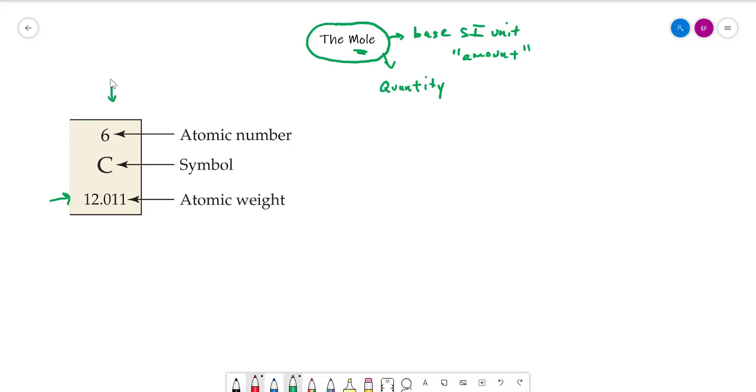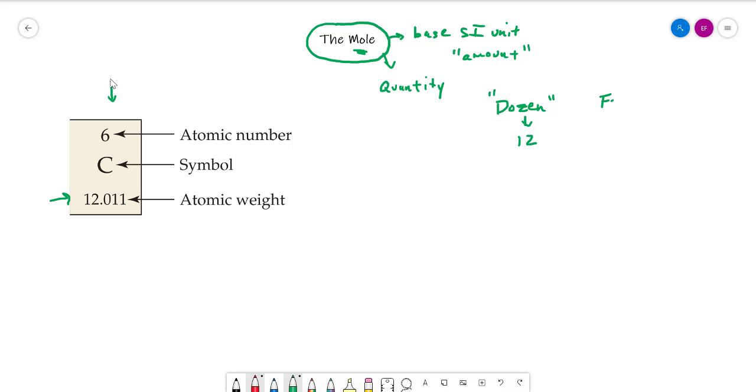A mole is really analogous to a generic or arbitrary number of things that we want to refer to. I often think about the mole as, say, a dozen. We all know that the word dozen implies 12 of something.